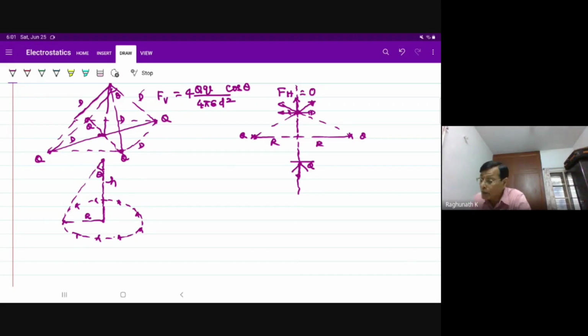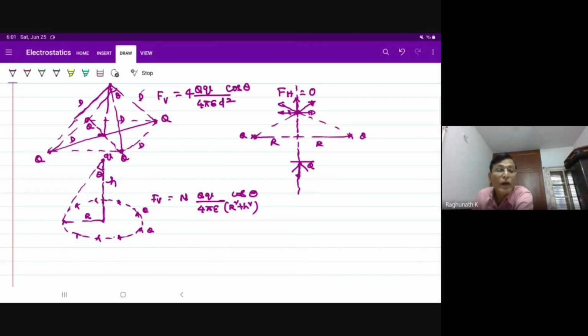The total force experienced by the charge small q because of all capital Q's is what? N times capital Q small q divided by 4 pi epsilon (r square plus h squared) cos theta, the axial force or vertical force in this case. Now you can see that the horizontal components, there are n forces with an angle between successive forces being equal to 2 pi by n.